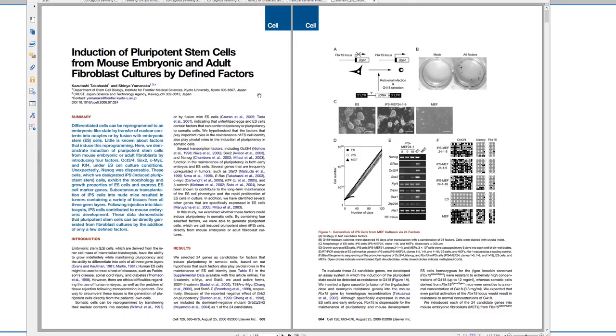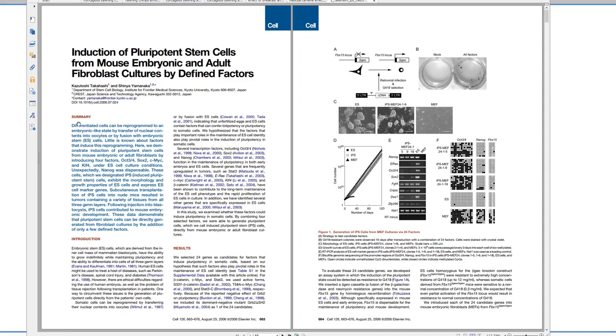And then lastly, this is the paper by Takahashi and Yamanaka that won the Nobel Prize for these guys from Kyoto University. And again, same structure. This is one of the, like I showed you before, one of those kind of unusual types that puts the method last.